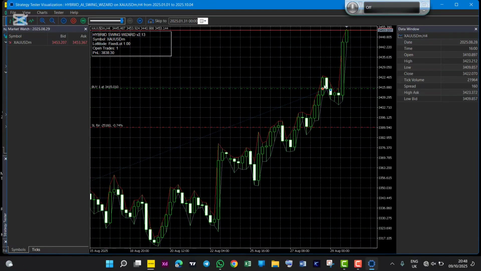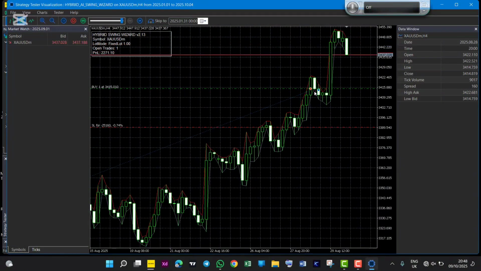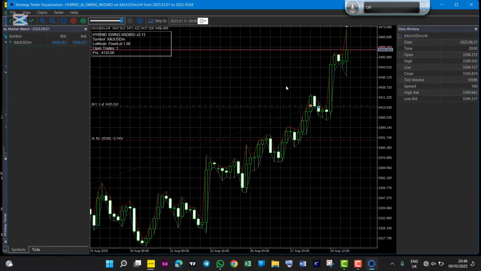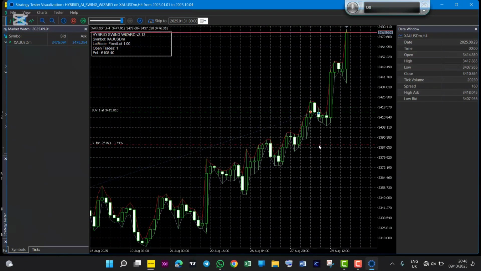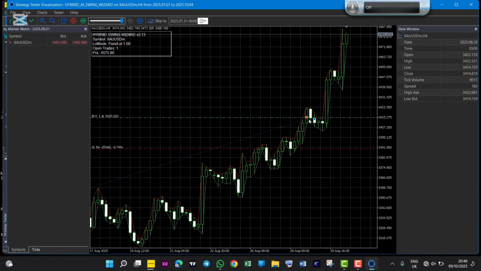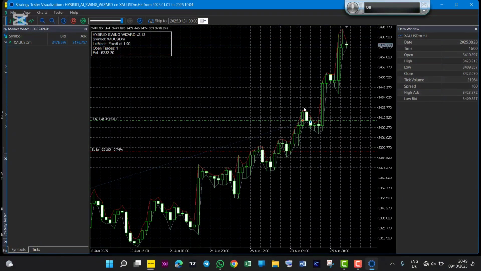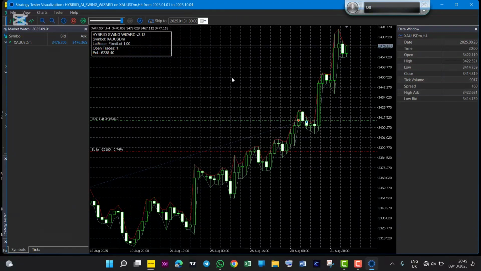Remember, usually when the robot hits TP, it doesn't immediately take another entry, and anytime it doesn't take an entry immediately, price used to pull back down very well. But today it took another entry immediately after we hit TP, and let's see if this is gonna move 1000 pips, if the price continues to go up, right?